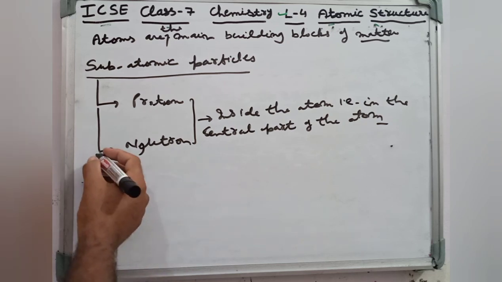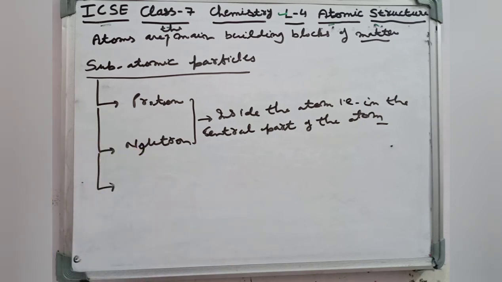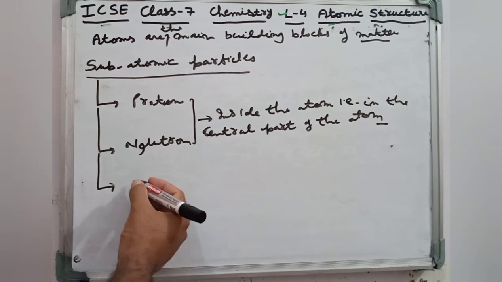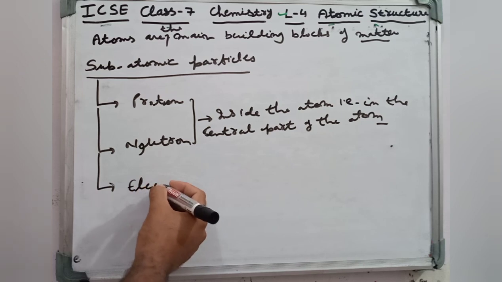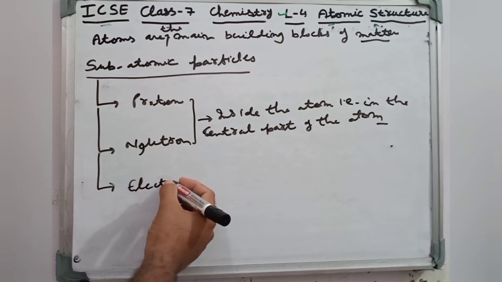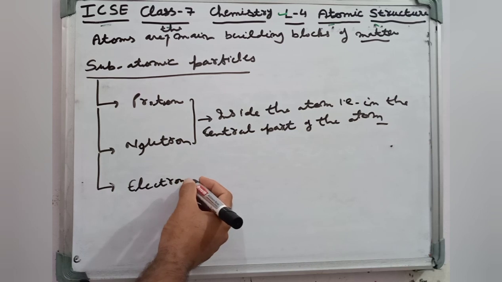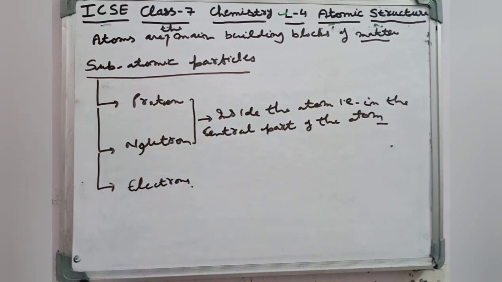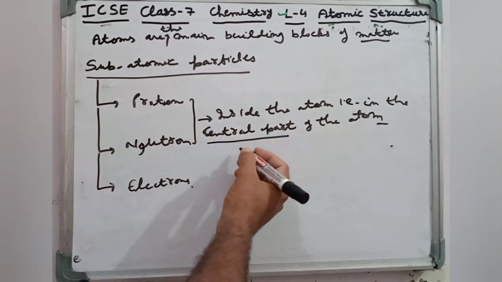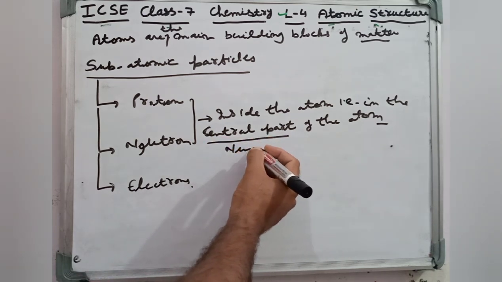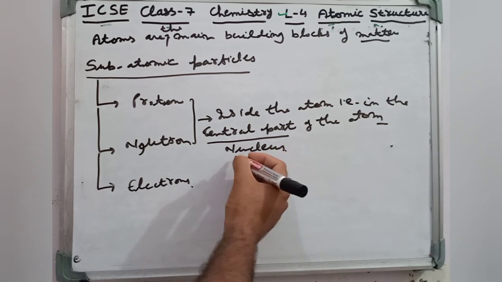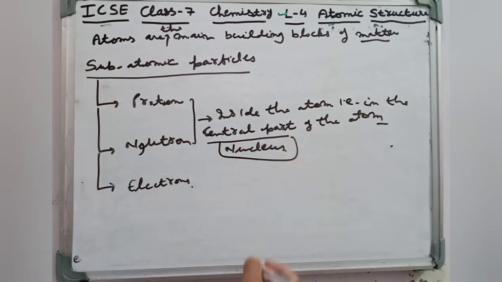There is one more kind of particle, called electrons. This central part is called the nucleus. The central part of the atom is called the nucleus.